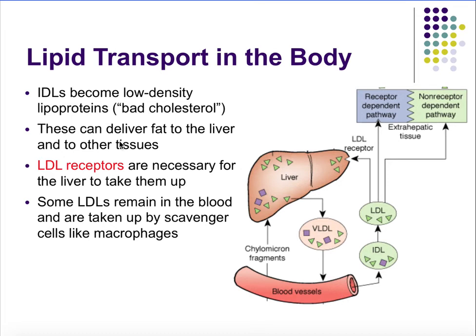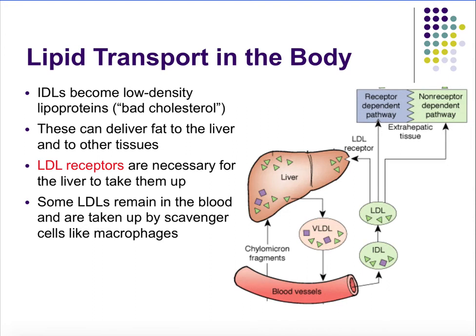These can deliver the fat to the liver. The LDLs will deliver the fat to the liver, and the liver is LDL receptor dependent. It has receptors that recognize the LDLs, they bind to it, and the liver takes it up and removes it from the body. Some LDLs will get taken up by other tissues that are sometimes receptor dependent, and some of them don't need a receptor.